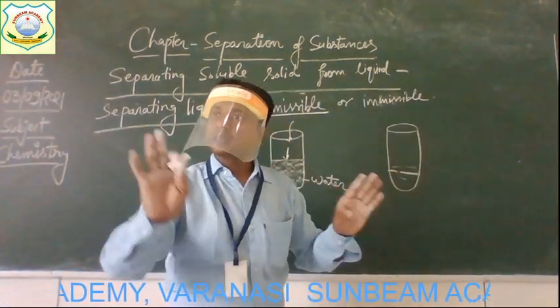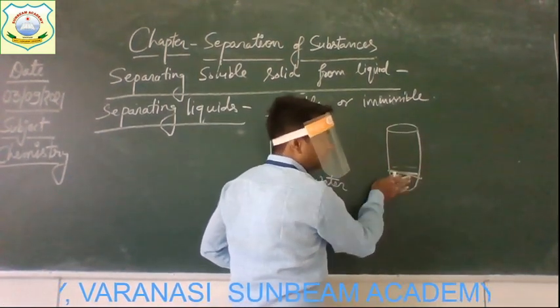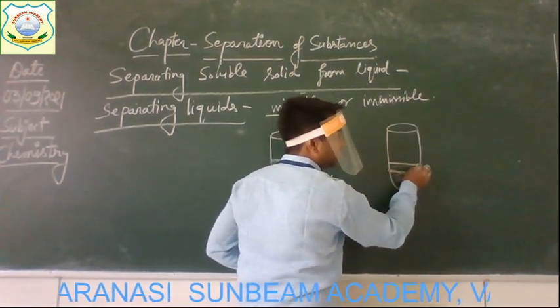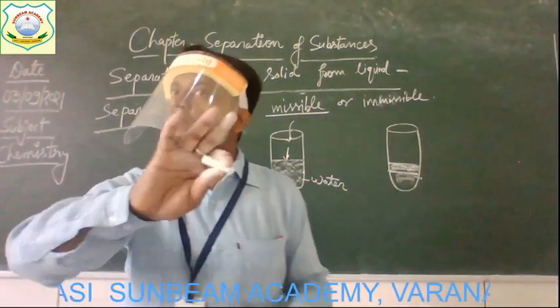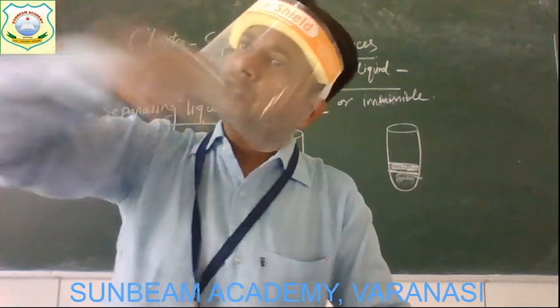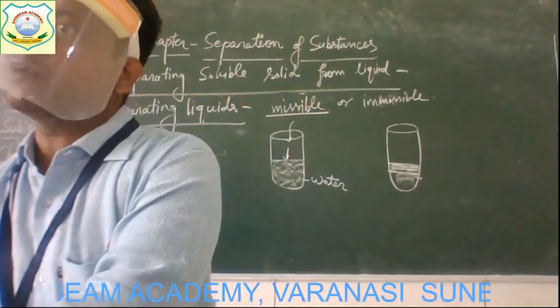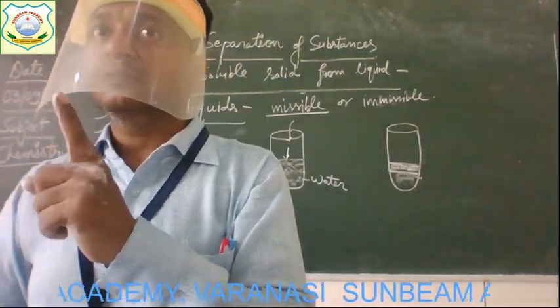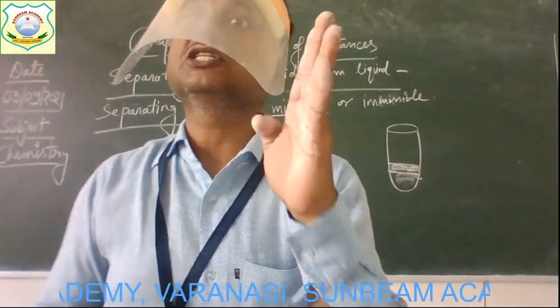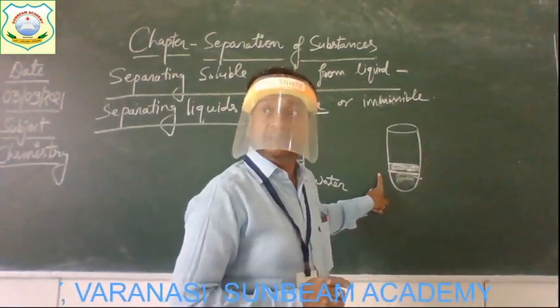Leave it for some time. You will see a layer of water below and above it, oil. They never get mixed. Even if you mix it for a long time with the spoon, as you keep it for some time, again they get separated. Have you seen? So such kinds of liquids are known as immiscible liquids.